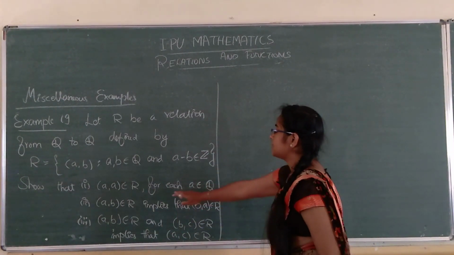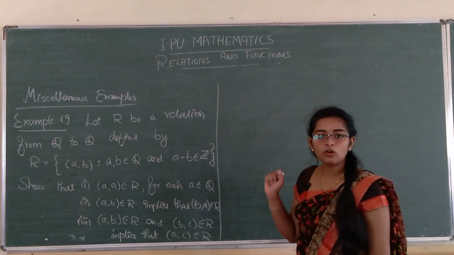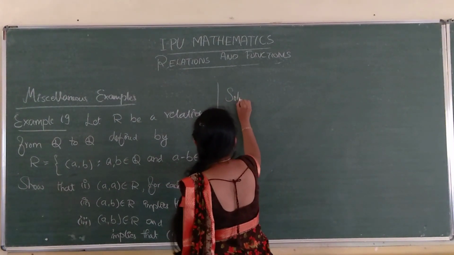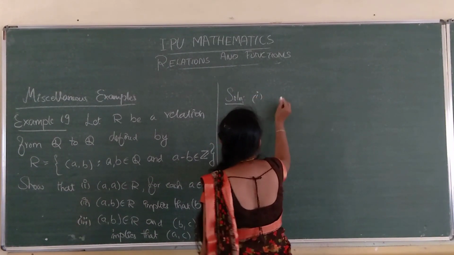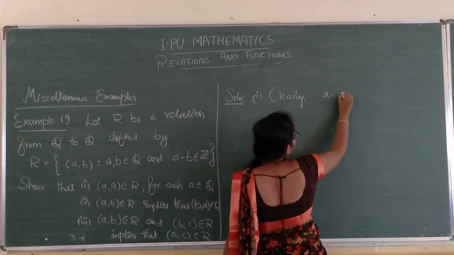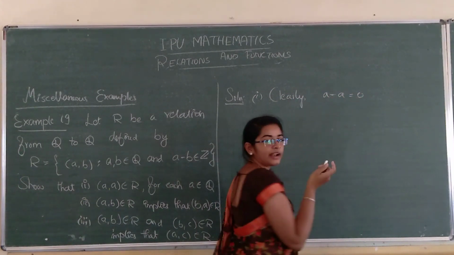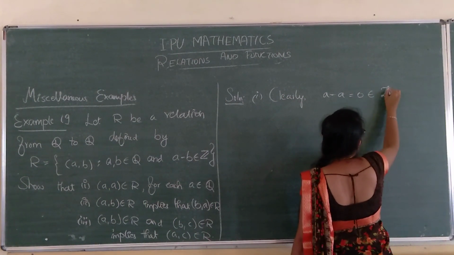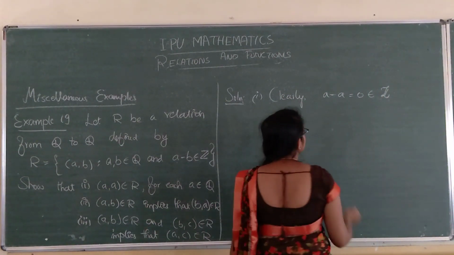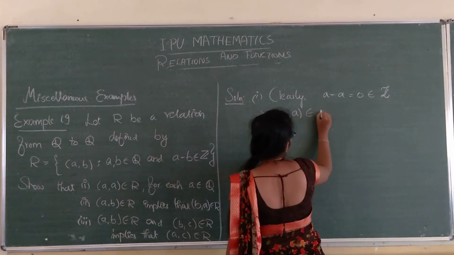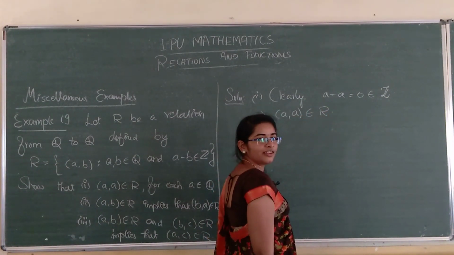For the first one, whether (a, a) belongs to R: a minus a is equal to 0, right? 0 is an integer, so 0 belongs to Z. This implies that the ordered pair (a, a) belongs to R.